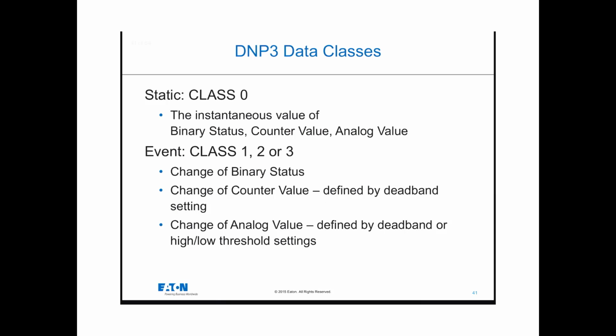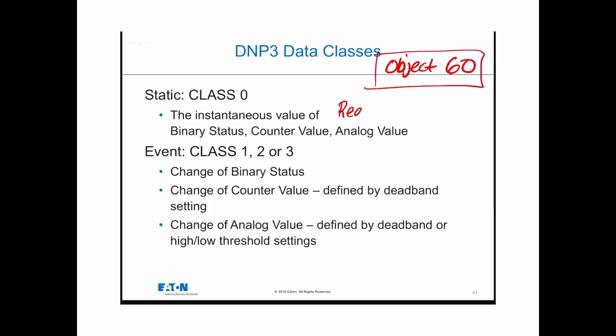If you look at the very last table in the object library, which is object group 60, and remember, this is a hex number, when it comes to object 60, it has 4 classes. And class 0 is all of our real-time or static values.